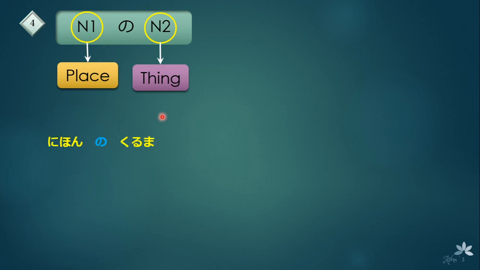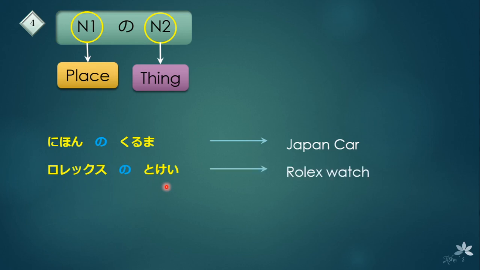For example, Nihon no kuruma. Nihon no kuruma means a Japan car, a car made in Japan. Rolex no tokei. Rolex no tokei means Rolex watch.